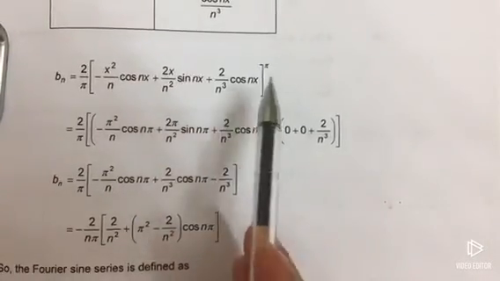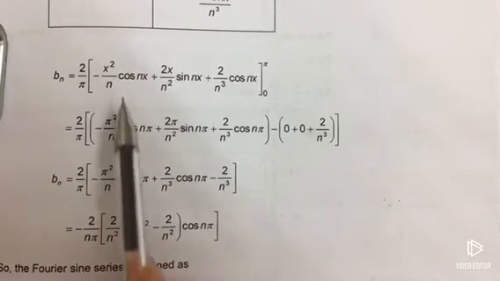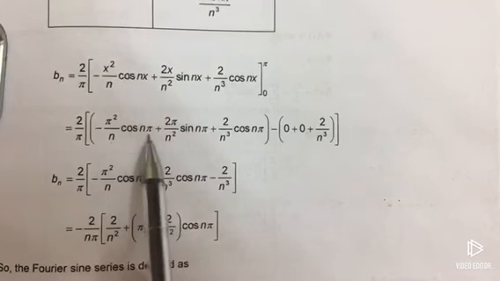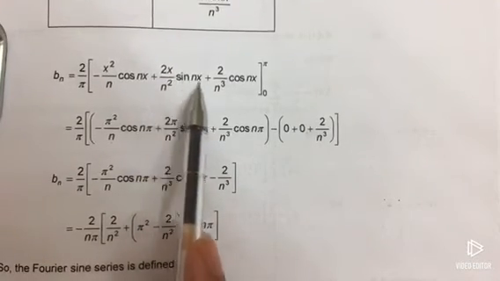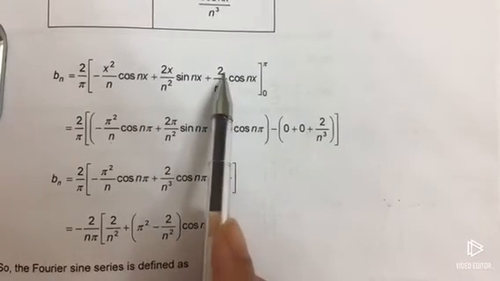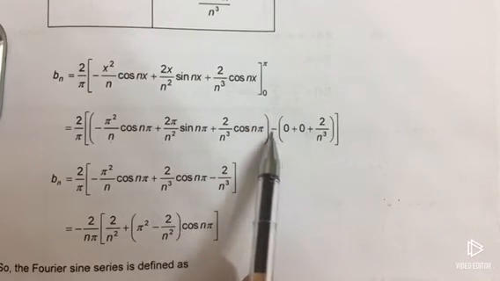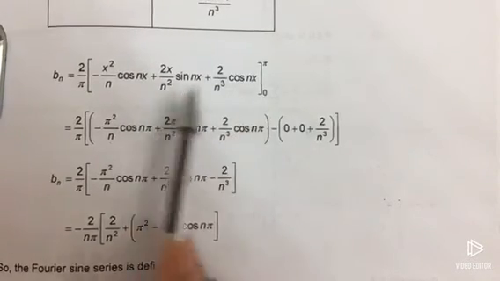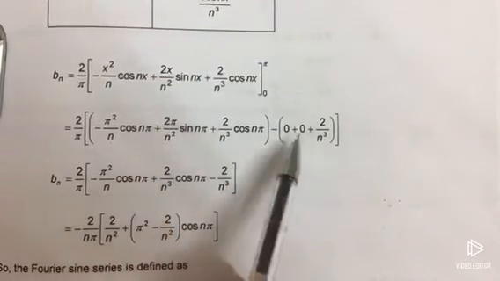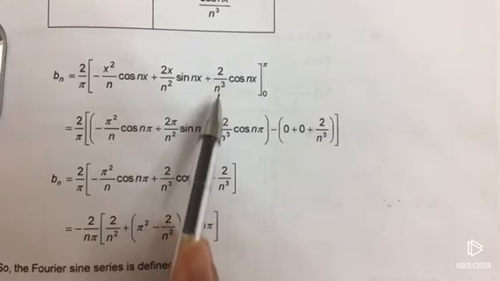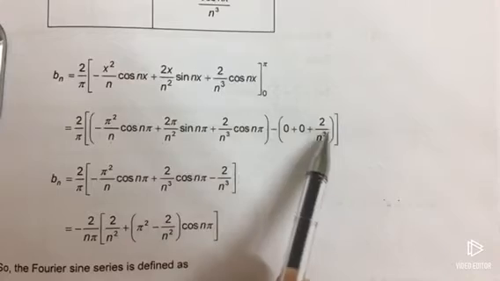When we substitute x by pi, we get negative pi squared over n cos n pi plus 2 pi over n squared sin n pi plus 2 over n cubed cos n pi, minus substitute x by 0. Here the first two terms are 0, and 2 over n cubed cos 0, equal to 1, so we get 2 over n cubed.